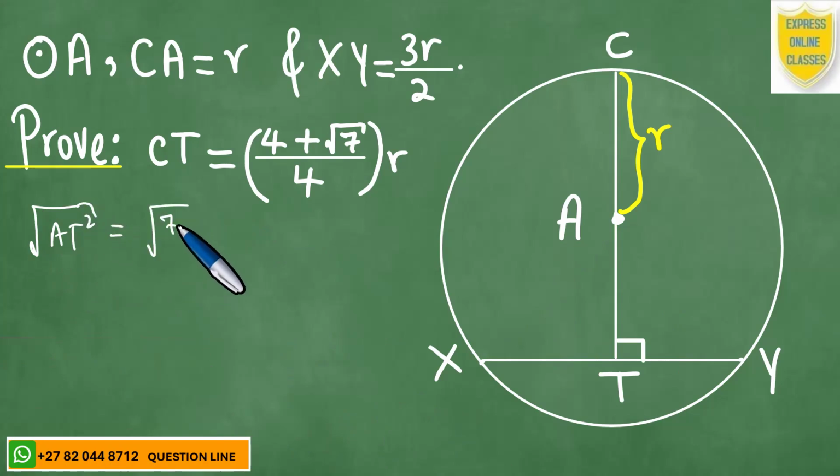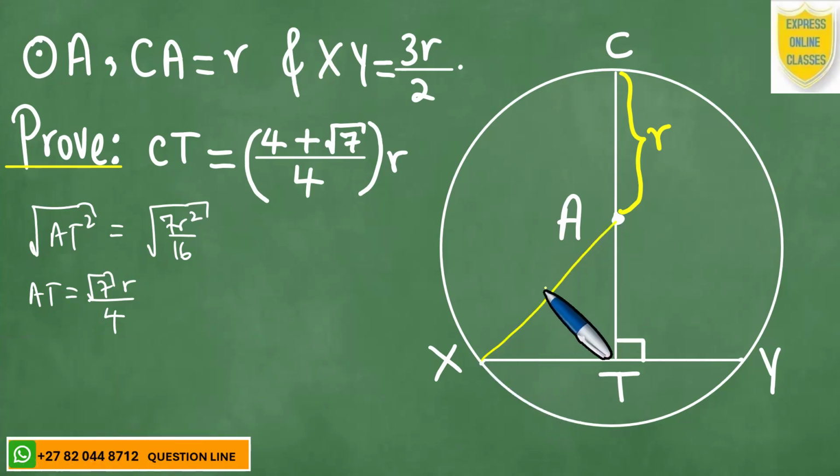This means that AT is equal to the square root of 7 times r, divided by 4. So this one is exactly r, this one is 3r out of 4, and this one is also 3r out of 4. And we've found AT, which is the square root of 7 out of 4 r.